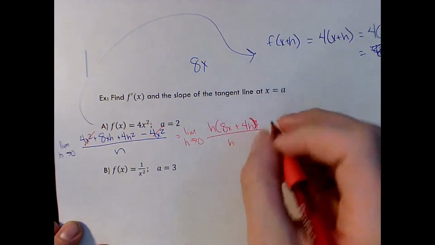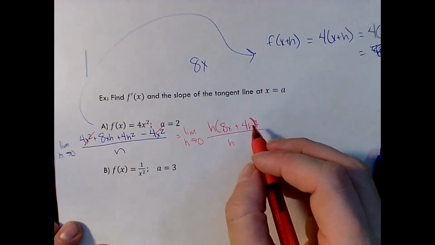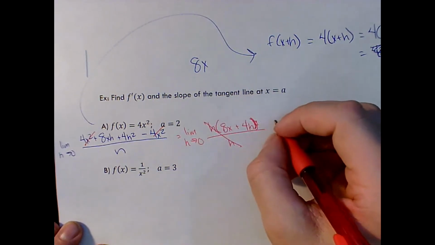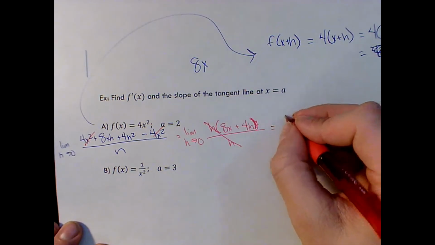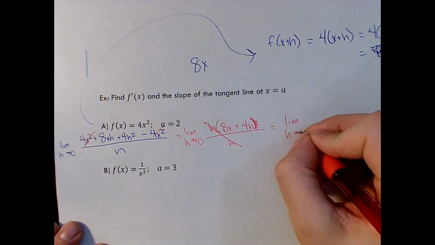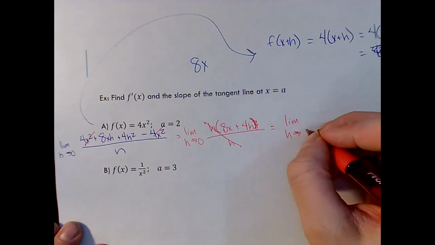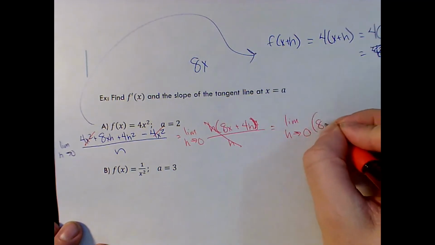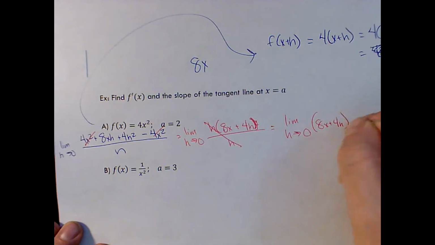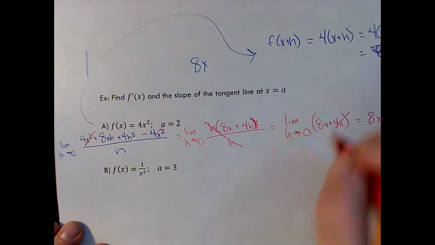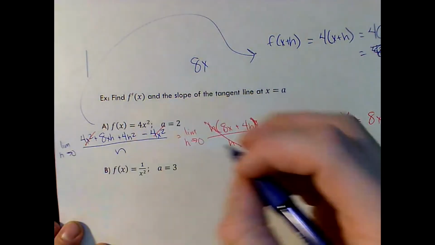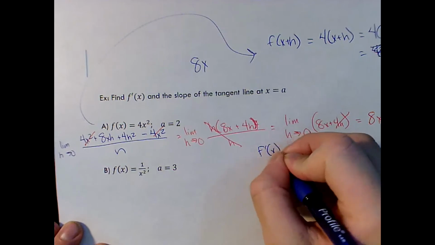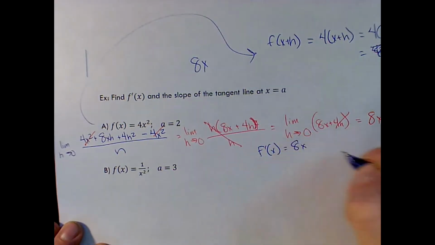Cross out the h's. And that equals the limit as h approaches 0 of 8x plus 4h, which just becomes 8x. So my derivative, my f prime of x, is equal to 8x.